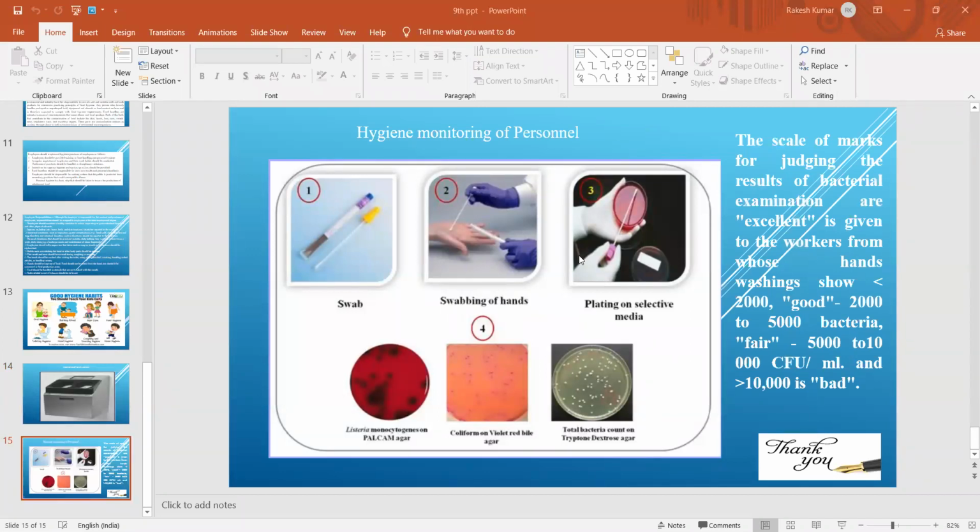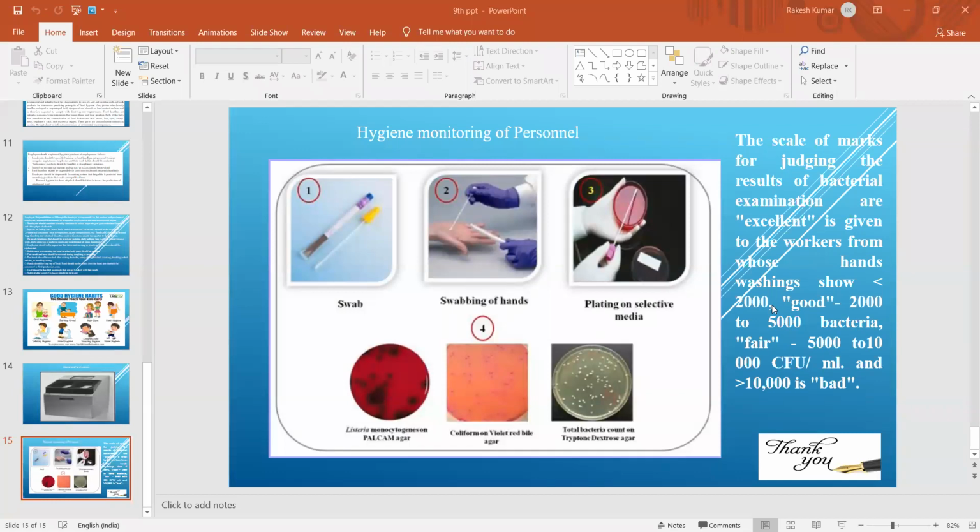Using the swab method, you can get an idea about the different types of contaminants present in your system. And a very important thing here is the scale of marks for judging the result of bacterial examination. Excellent is given to the workers whose hand washing shows a 2000 count.